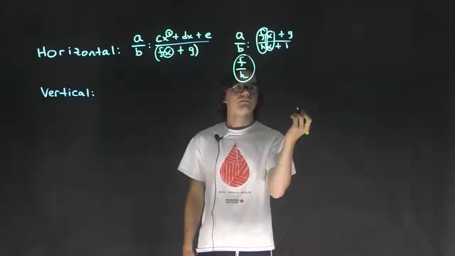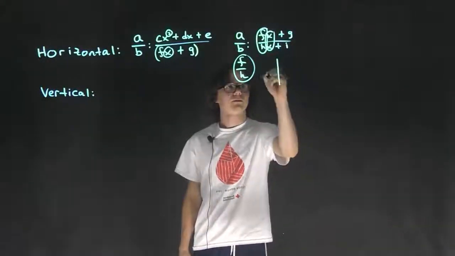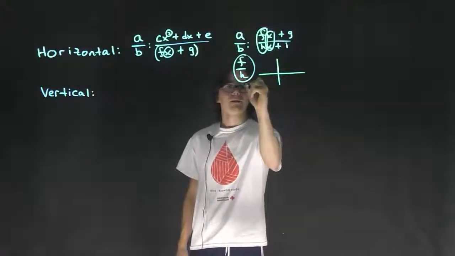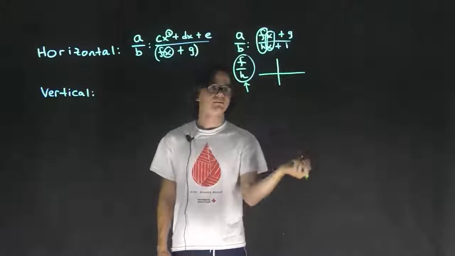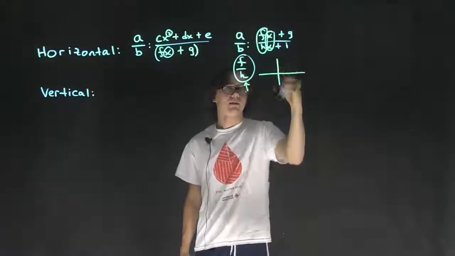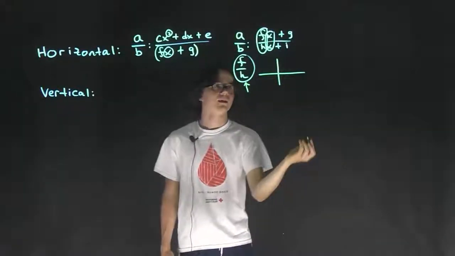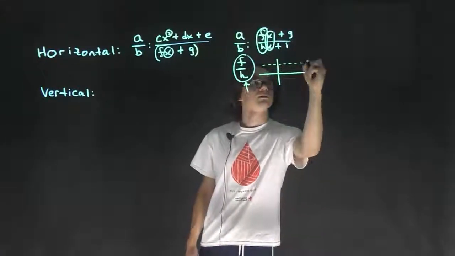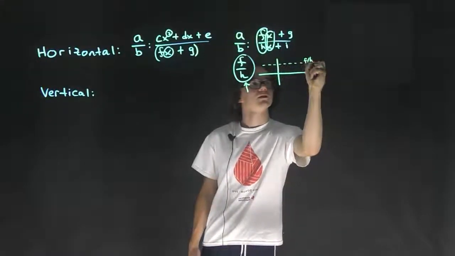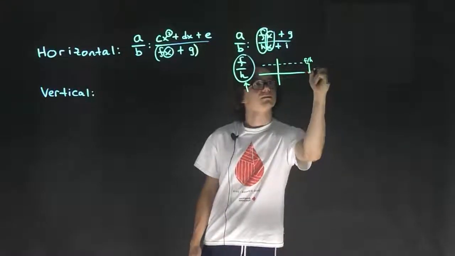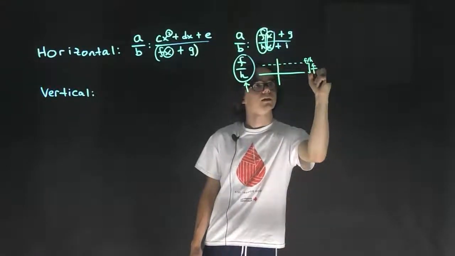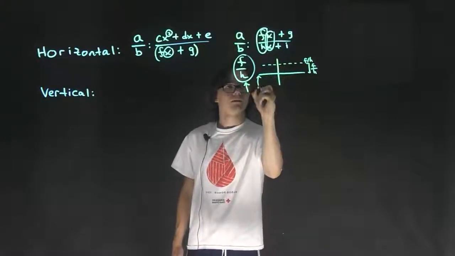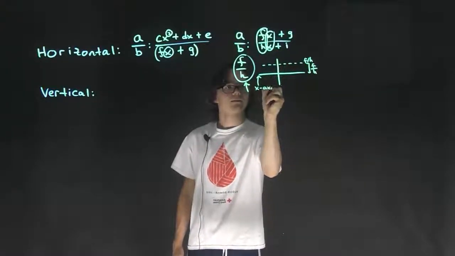And with f over h, we can also draw a graph to show how our horizontal asymptote works. F over h is our horizontal asymptote. It's how high or low our horizontal asymptote lies. We can call this f over h, and it is a distance f over h up from the x-axis.